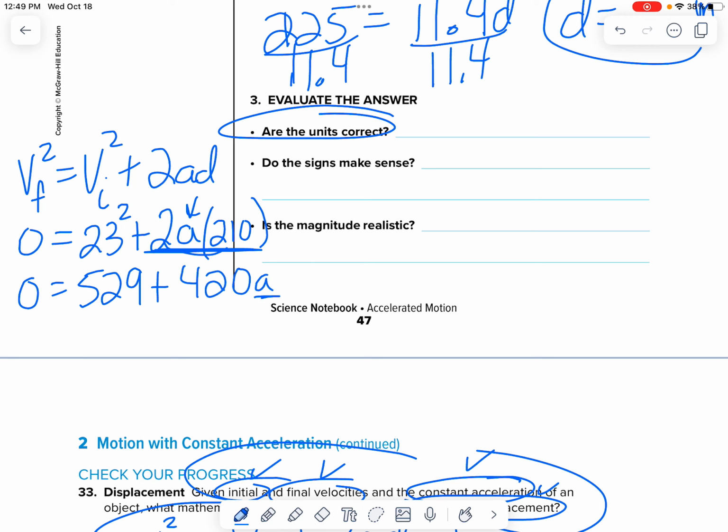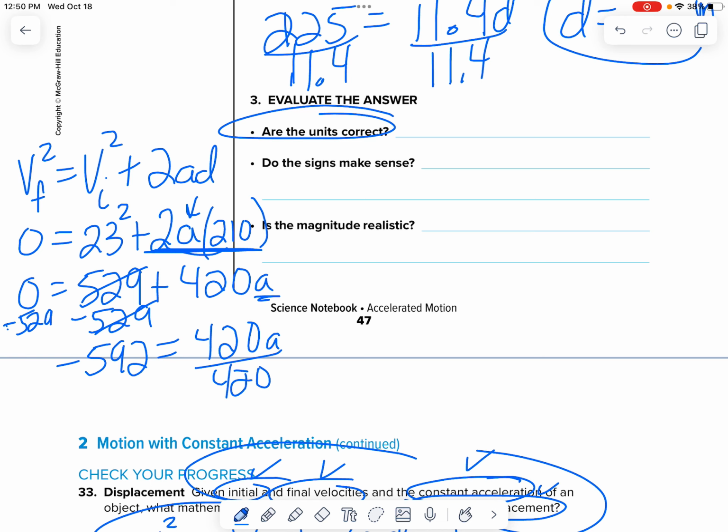Now I need to get this a all by itself, so I want to subtract 529 from both sides, and then divide by 420. That's going to give me my a value.